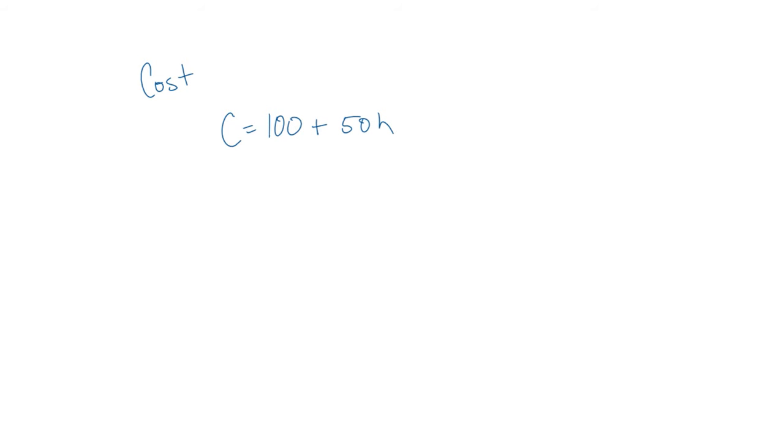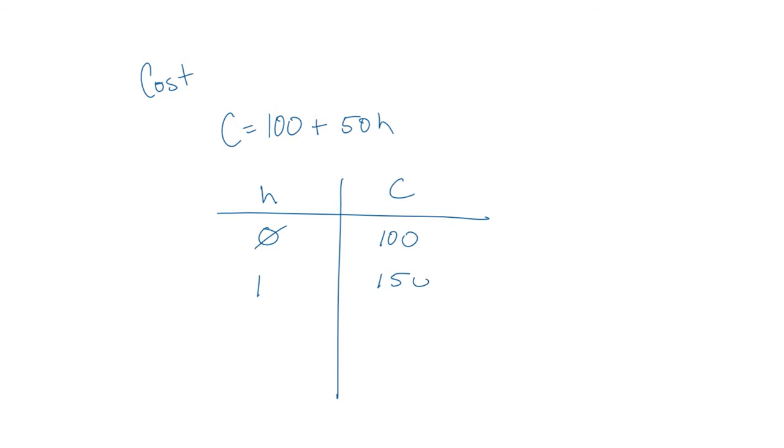And so if I have the number of hours and the total cost, for 0 hours, it would cost $100. For 1 hour, it would be $150. For 2 hours, it'd be $200, and so on. Right there, that doesn't make any sense. You're not going to pay a plumber $100 for working 0 hours. So that doesn't really match the real world the way that we know it.